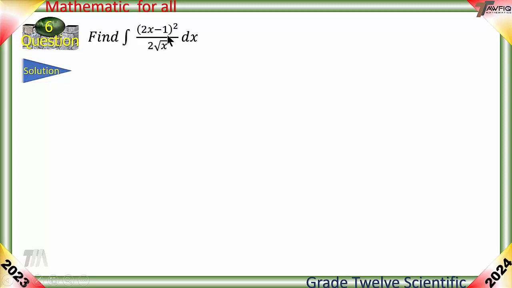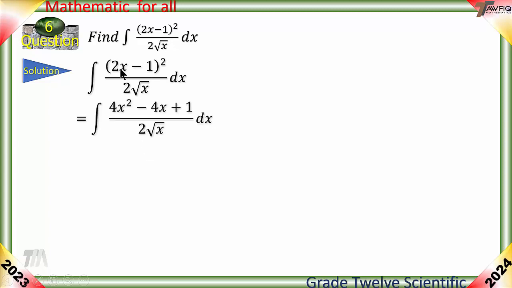So we must open this bracket and divide it by the square root of x. It becomes the first one squared, that means 2x squared is 4x squared. 2 times x, 4x. Minus becomes plus, because minus 1 times minus 1 is plus 1.